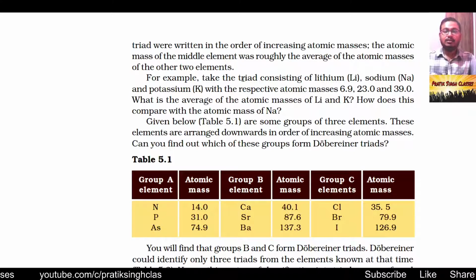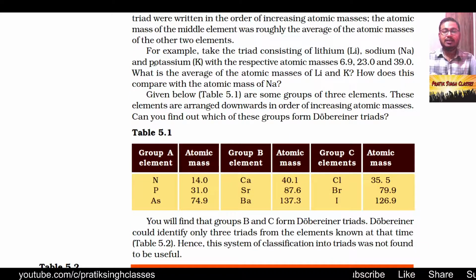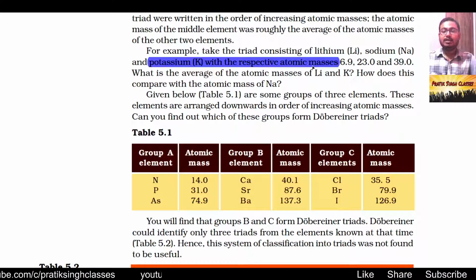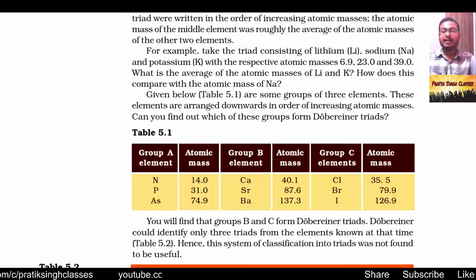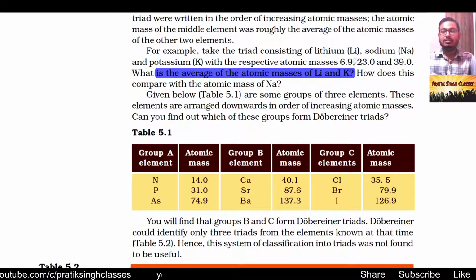For example, take the triad of lithium, sodium and potassium. With respect to their atomic masses, the atomic mass of lithium is 6.9 amu, or just u, that of sodium is 23, and potassium is 39 u. What is the average of the atomic masses of lithium and potassium? (6.9 + 39) divided by 2, and compare this to the mass of sodium.